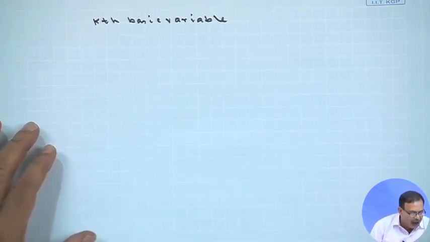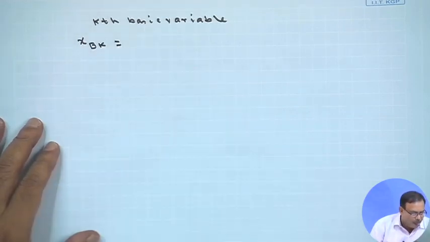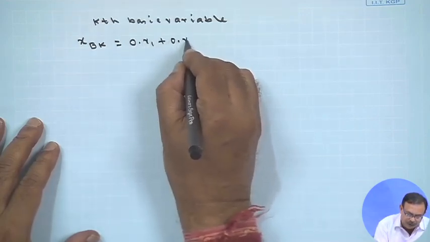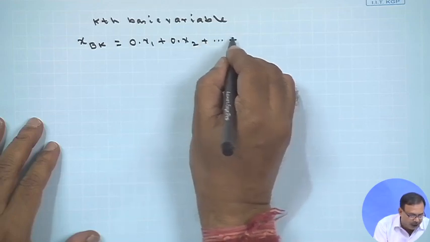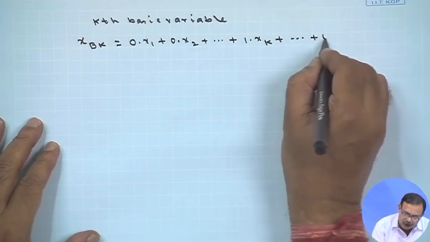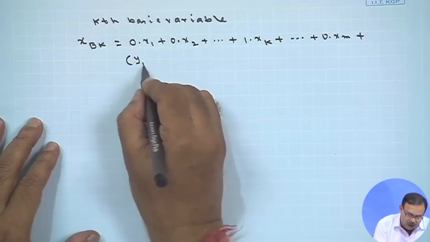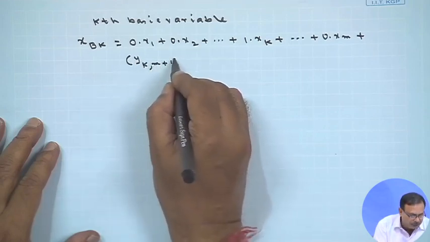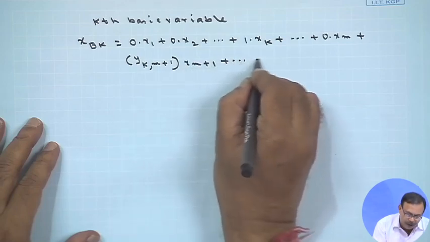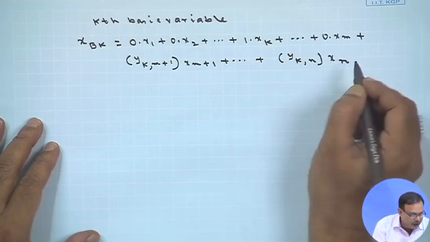That means, you have some value xBk, which takes some value like this: 0 into x1 plus 0 into x2, and in that way 1 into xk, plus 0 into xm, plus yk,m+1 into xm+1, and in this way the last one will be yk,n into xn.